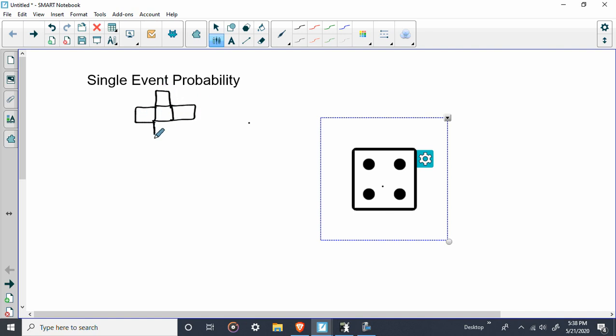If we took it and expanded it out, there are 6 sides on a die. You can get a 1, a 2, a 3, a 4, a 5, and a 6. I don't think this is drawn right, so excuse me.